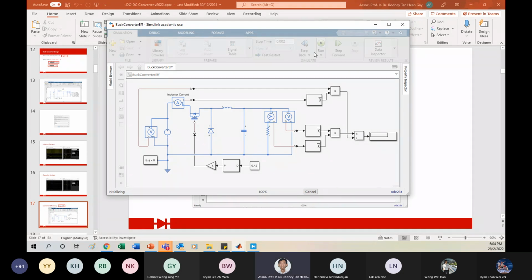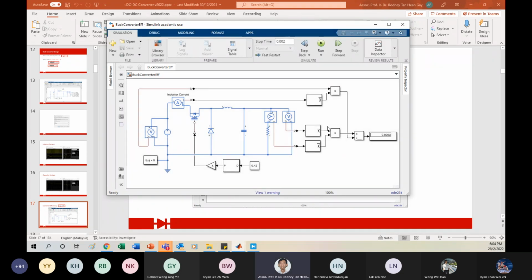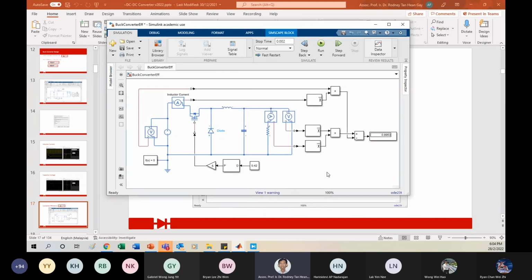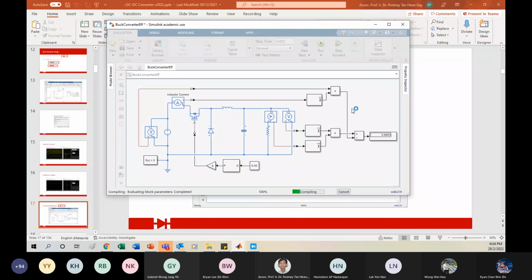It's the same. I just add a voltage and current measurement. Then you will get 80 something. So let's say I change this forward voltage to 0.2. As we know, only a Schottky diode allows you to do that, right?